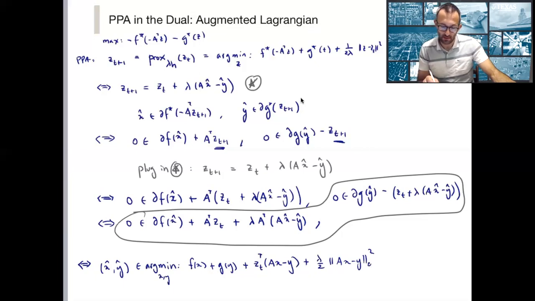And then here, by the chain rule, I bring out an A, and the 2 comes down and cancels, so I have lambda times A transpose (A x hat minus y hat). And then similarly for g.